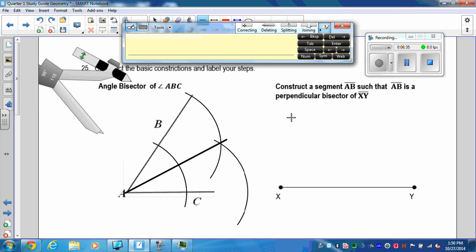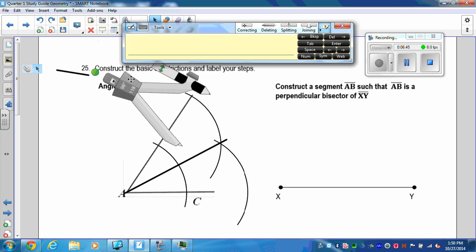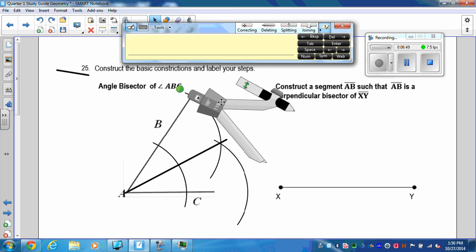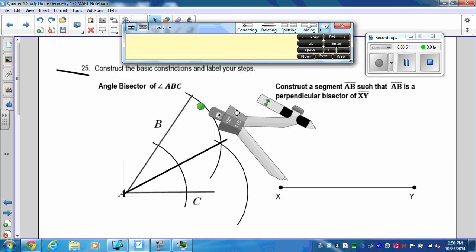Okay, so in the next construction, we are going to construct a segment AB such that AB is a perpendicular bisector of XY.